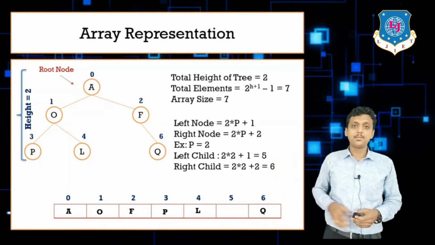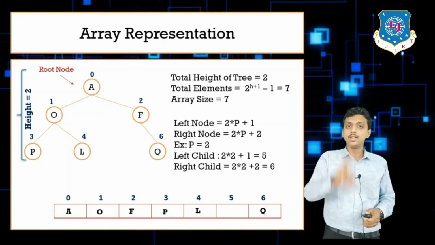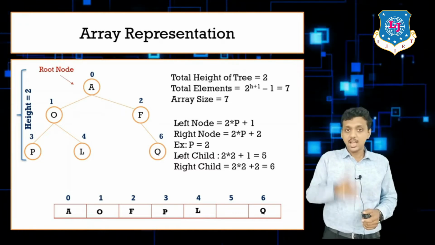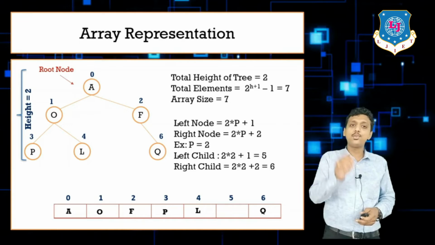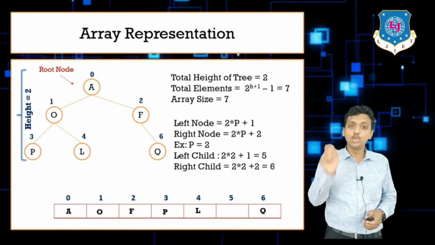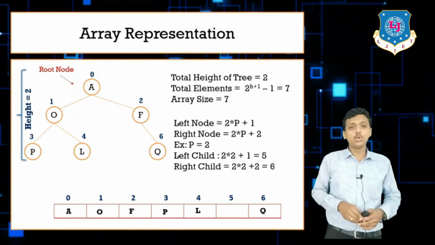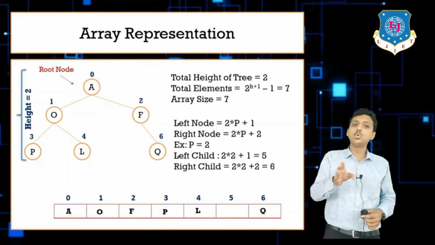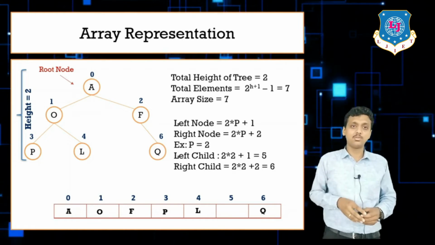Now if someone asks what is the left child position for the second index, at second index we have F. So the formula to find the position of a node in the array is 2 into P plus 1 for the left child and 2 into P plus 2 for the right child, where P is the position of the data element.